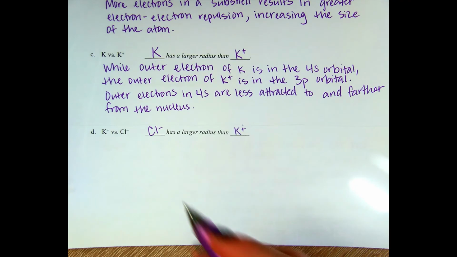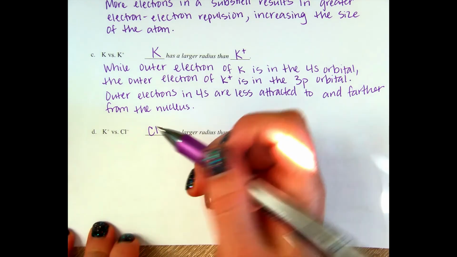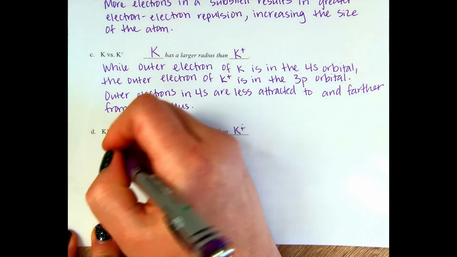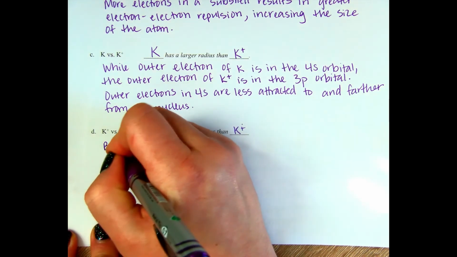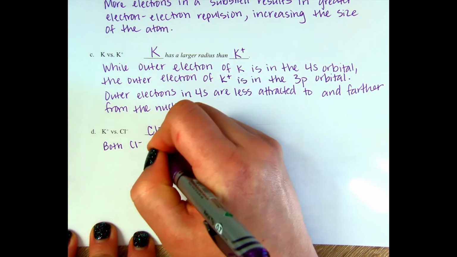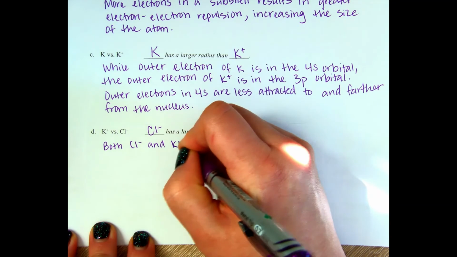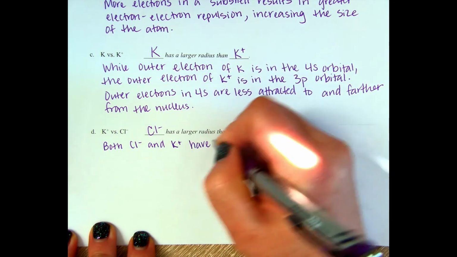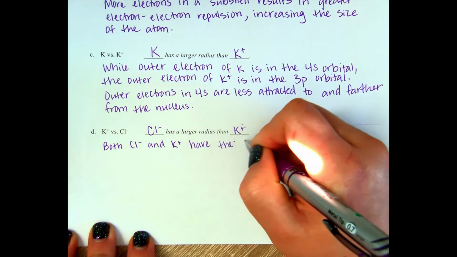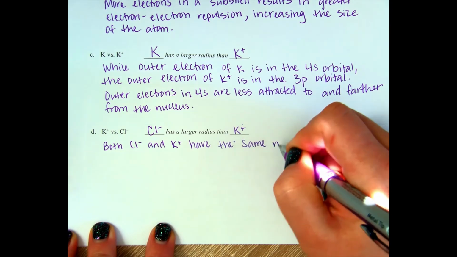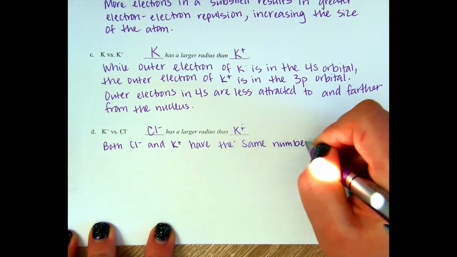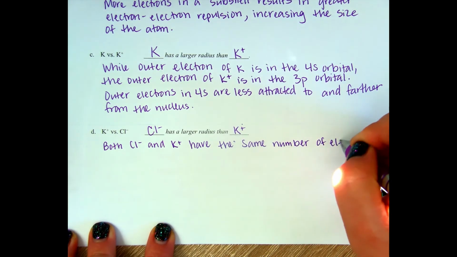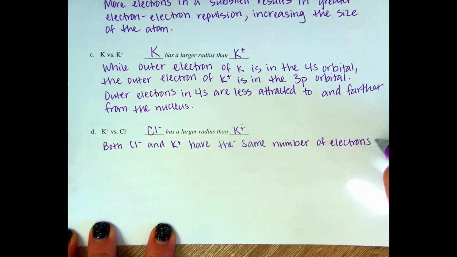Okay, so for this one, it's interesting because both have the same number of electrons. So both Cl- and K+ have the same number of electrons. And that's 18 in this case, I believe. Yes.